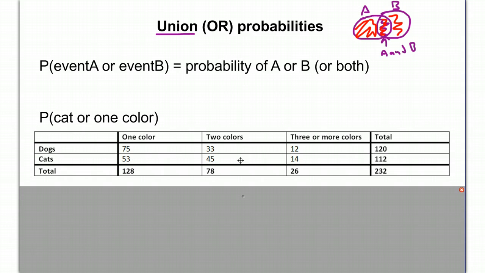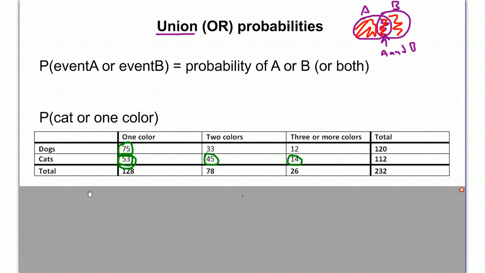So finding the probability of a cat or 1 color. One way I like to do this is to go through and say, where are all my cats? Well, here I have a cat, 53 cats of 1 color. I have 45 cats of 2 colors. And I have 14 cats of 3 or more colors. Then let's find all my 1 color things. I have 75 dogs of 1 color and 53 cats of 1 color.